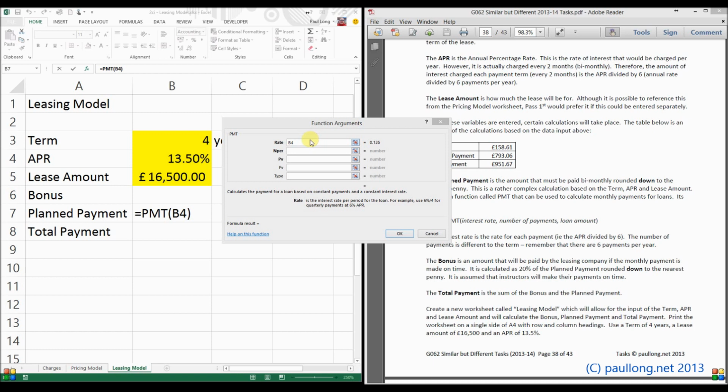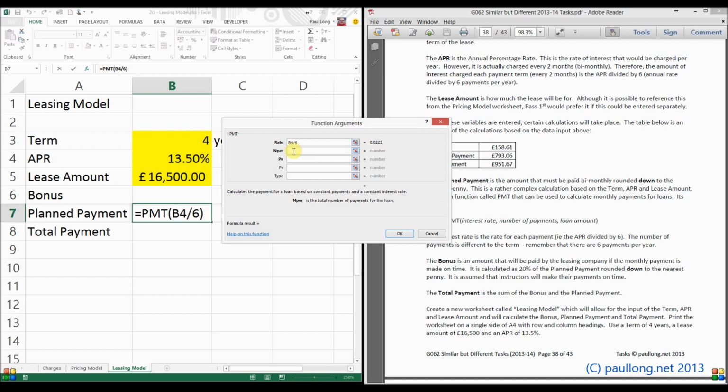Now remember, this rate is actually the one that we need for every 2 months. So it's not the one for the whole year. So we need to divide this by 6 to give us every 2 months. That's an annual rate divided by 6. So if we don't divide, it's 0.135, divide by 6, and we now get a new figure.